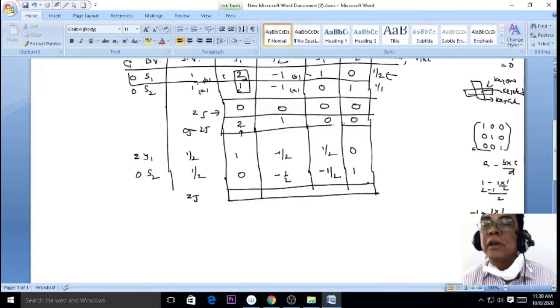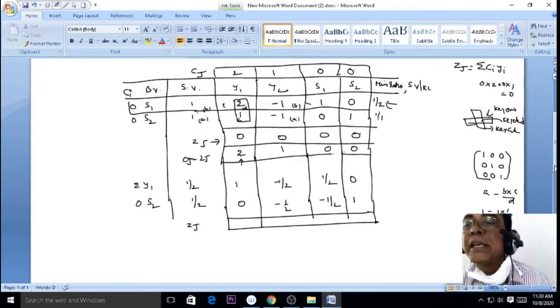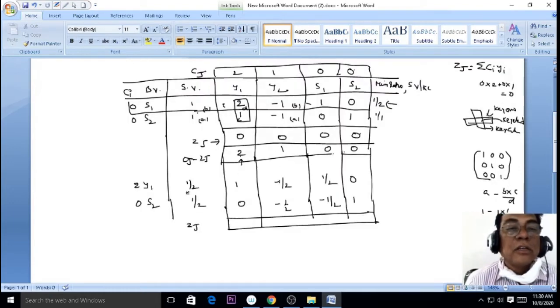So Zj using the formula, Zj is nothing but sigma Cb into Y. So it means that 2 into 1 plus 0 into 0, that is called as a 2. 2 into minus 1 by 2 plus 0 into 1, minus 1 by 2, that is minus 1, and 2 into 1 by 2 plus 0 into minus 1 by 2, that is 1. That's 2 into 0 plus 0 into 1, that is called as a 0.